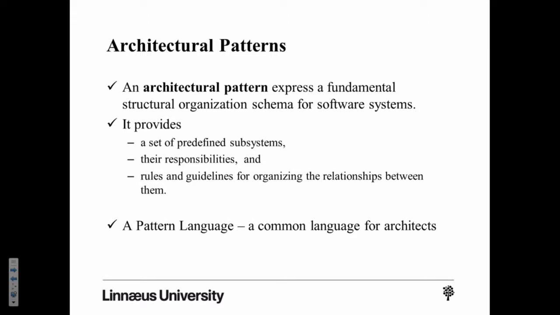And that something can be a type of behavior, a type of connection, something like that. But it's not about how this is achieved. And then there are also guidelines for how to combine these in a way that you achieve what you're looking for by applying this pattern.